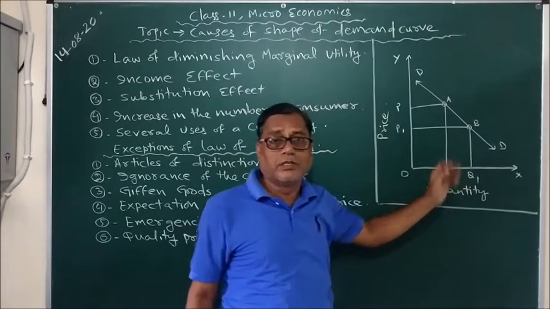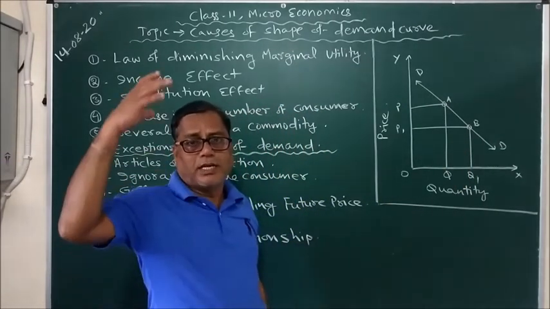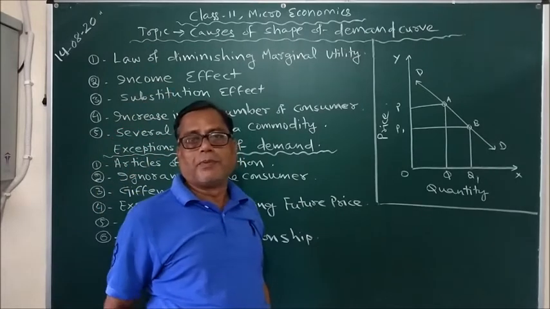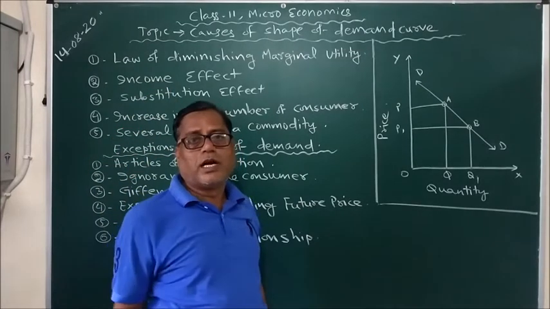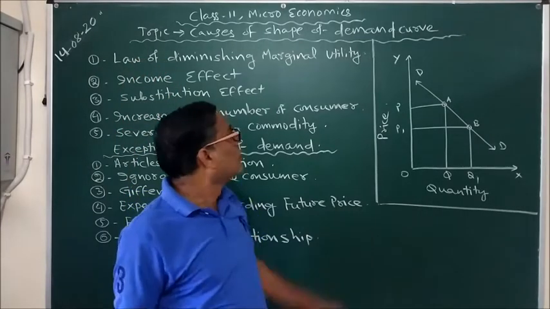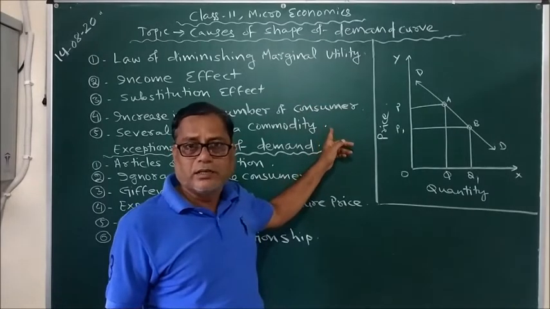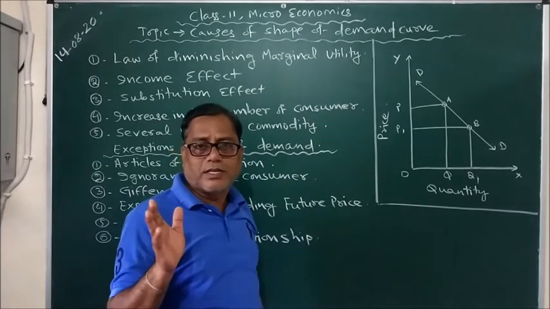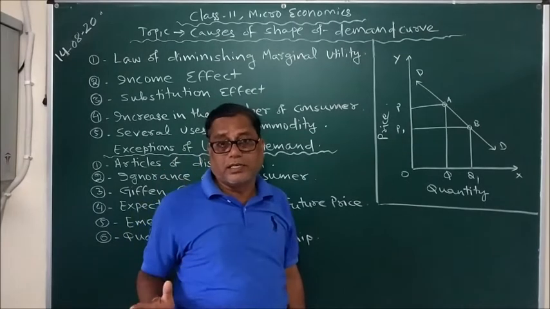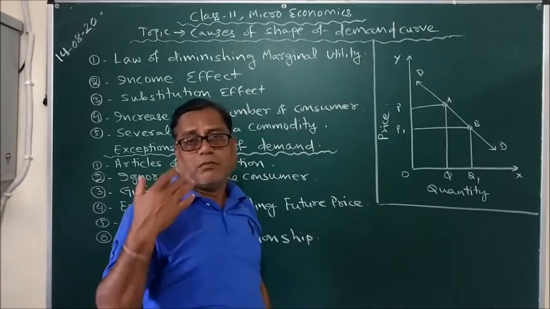That means why it is that when price falls, people buy more, and when price rises, people buy less. So all these points are quite technical in nature. That's why try your best to understand clearly, and if you are not able to understand, just message me to repeat it.